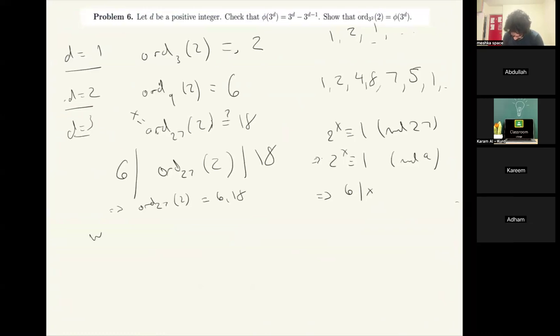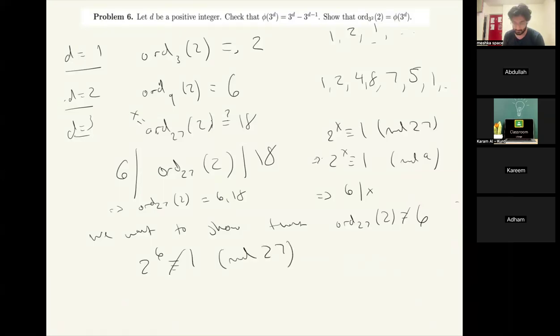We want to show that the order is not 6. That's all we need to do. And what does it mean to show the order is not 6? Well, it means I want to show 2 to the 6 is not congruent to 1 mod 27.